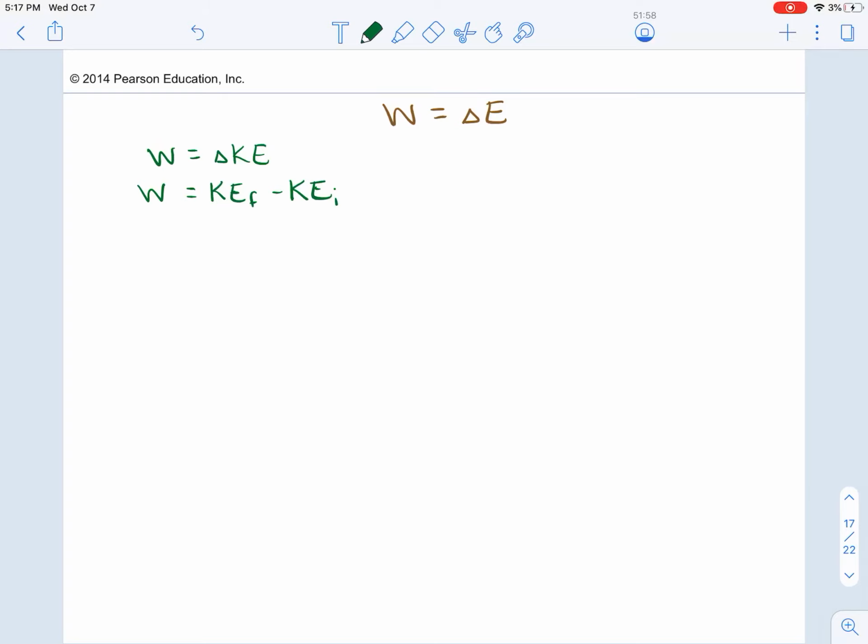The difference between them is because of the work that was done, okay? So my work is equal to 1/2 mv squared, because that's the formula for kinetic energy, for the final velocity, minus 1/2 mv squared for the initial velocity. And in this formula, velocity is the only variable that is being squared.